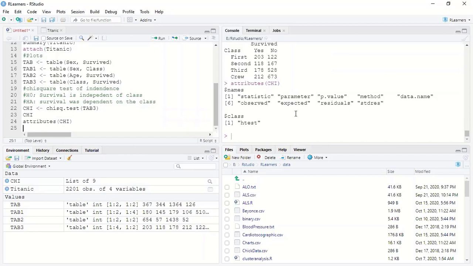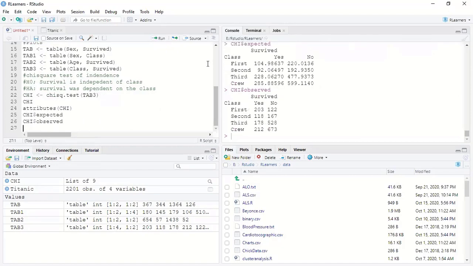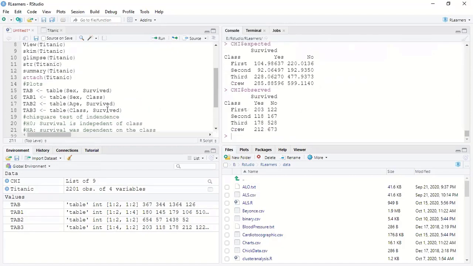So you can check the chi, and you can check the expected, and let's check the observed. So your survival was not independent of the class that you were in.